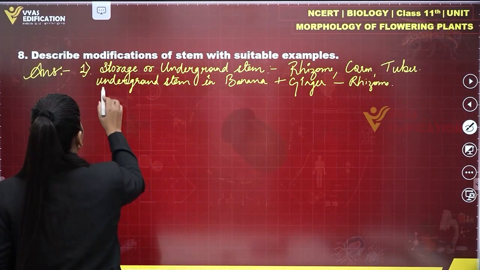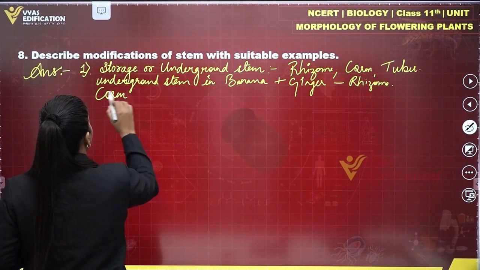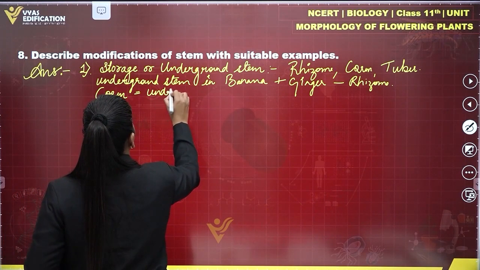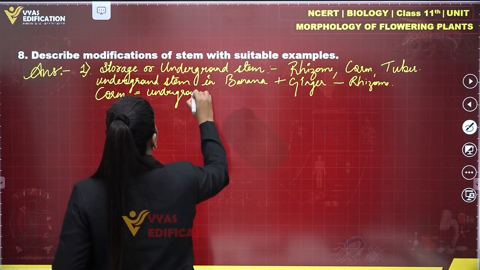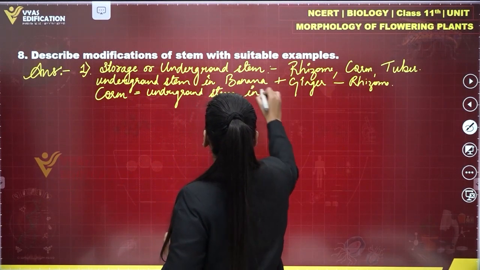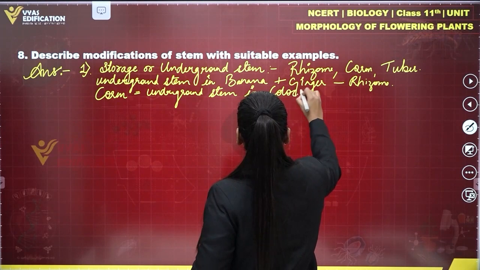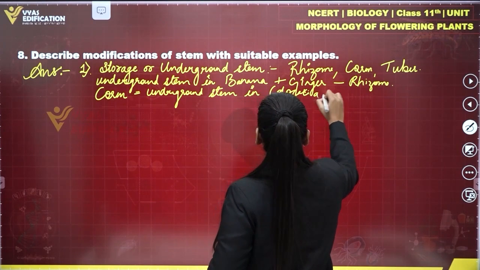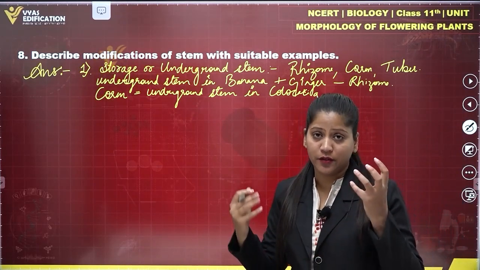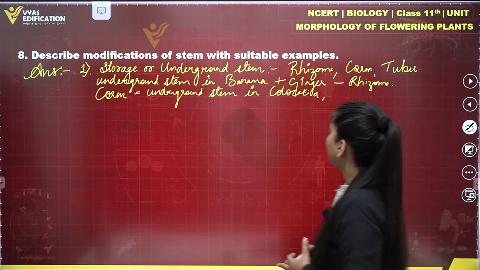Then we have corm. Corm is also an underground stem in Colocasia and Zamicanth. This is also swollen because of storage of food. It stores food.